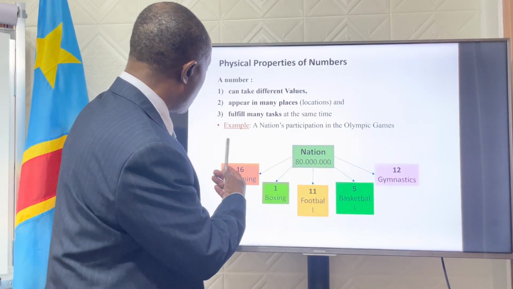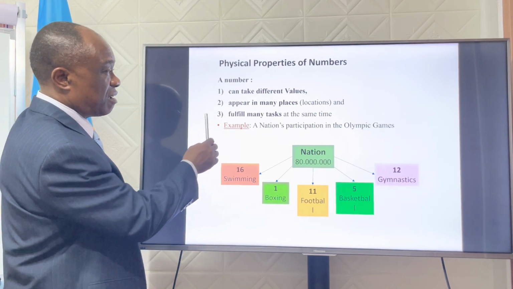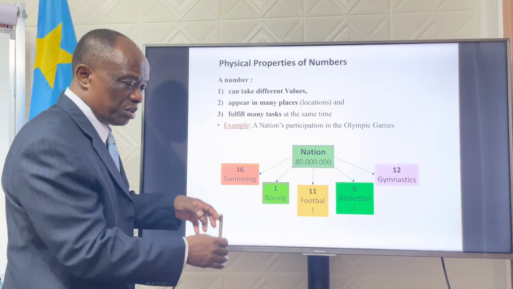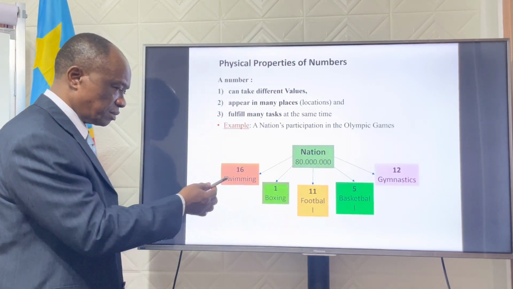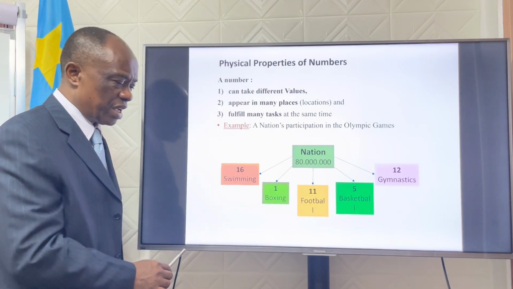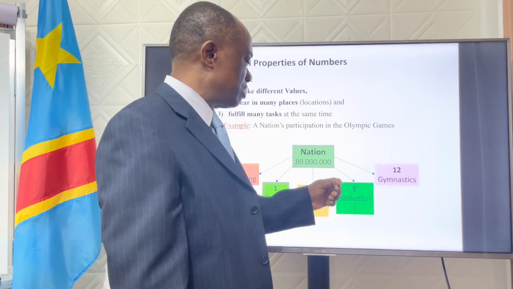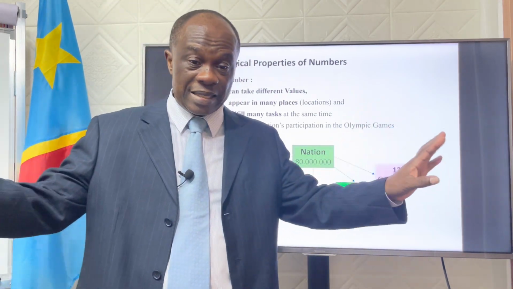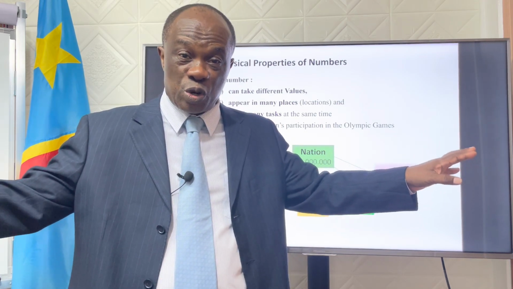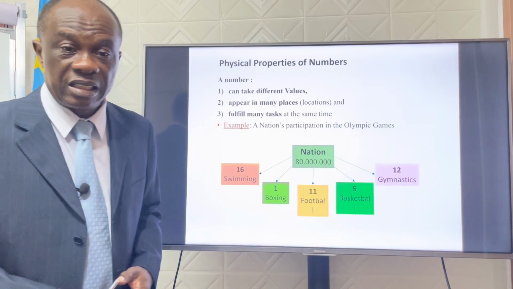So what transpires here is that, for example, in one day, you have a game. Swimming has a game. Boxing has a game. Football has a game. Basketball, and all these games are taking place in different colosseums or in different arenas.